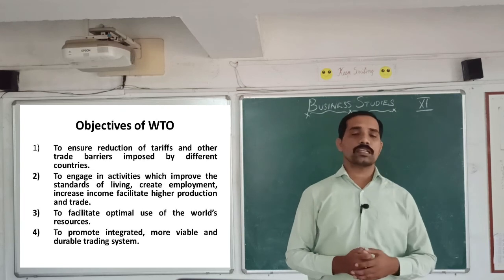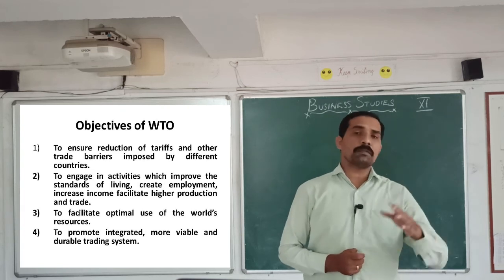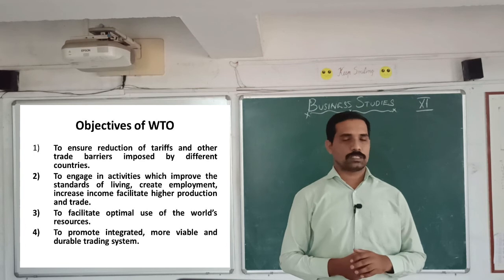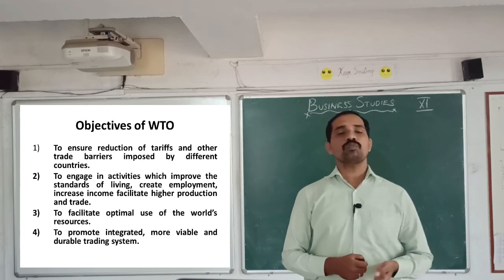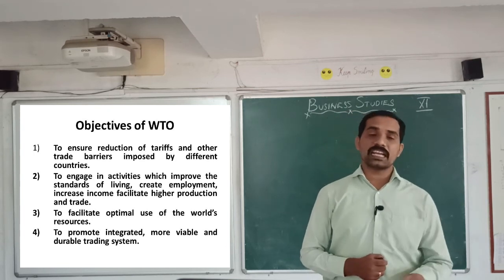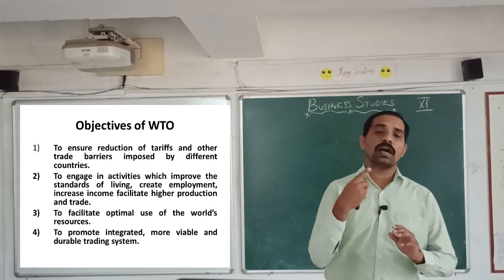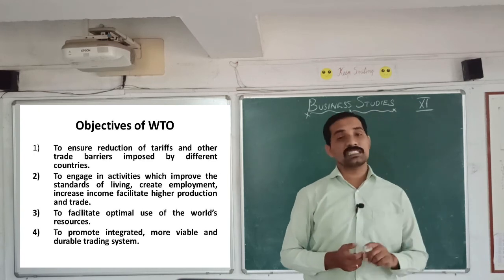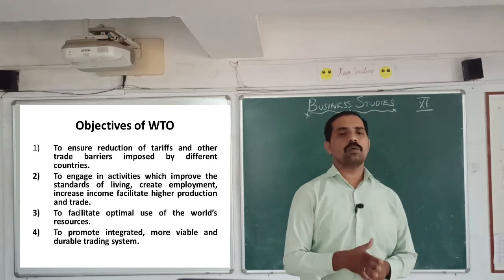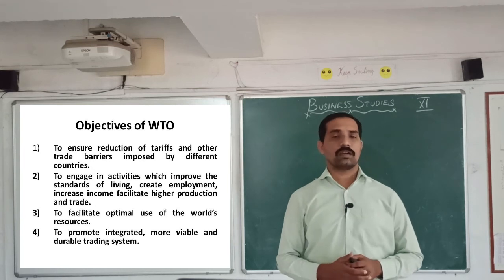And the next objective is to facilitate optimal use of the world's resources. And the next one is to promote an integrated, more viable and durable trading system. These are the objectives of the World Trade Organization.